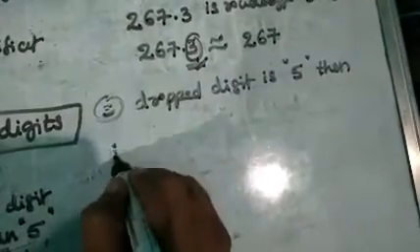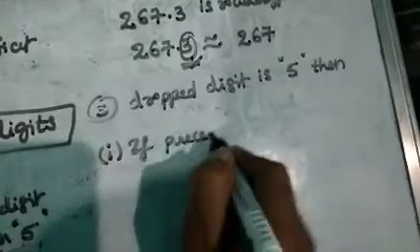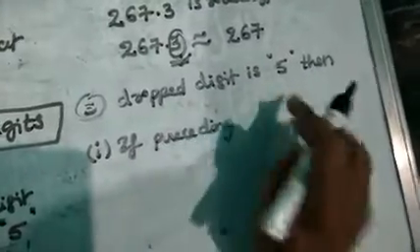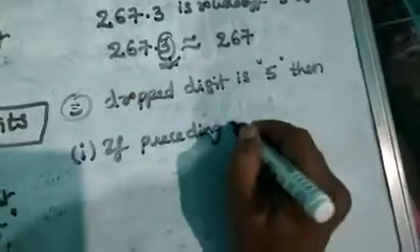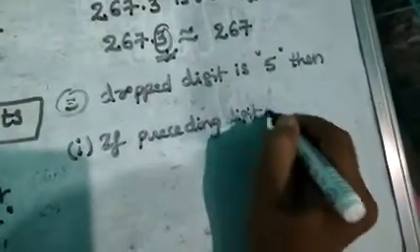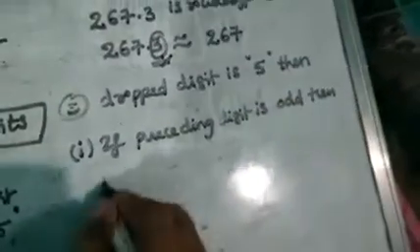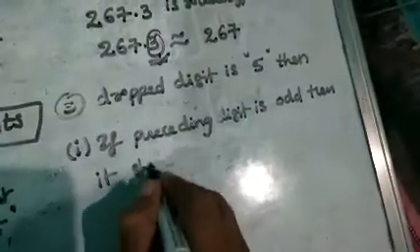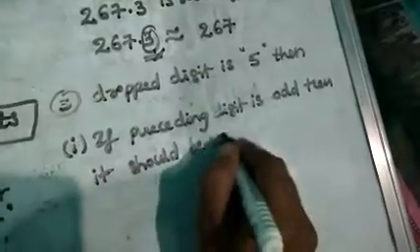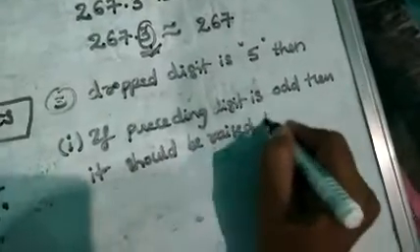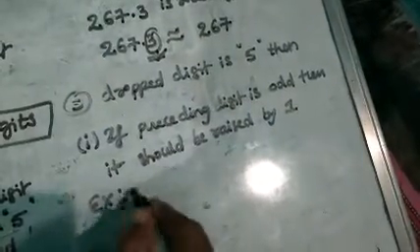The first condition: if the preceding digit is odd, then you are dropping the 5, and the preceding digit should be raised by 1. Try to understand this.